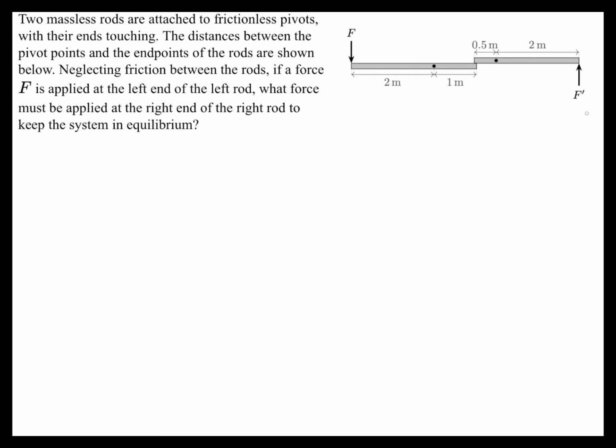So we need to find this force, F prime, used to keep this in equilibrium. We can find the torque exerted by this force, or the applied torque from that force, by saying torque is the cross product of the distance from the pivot point and the force applied.